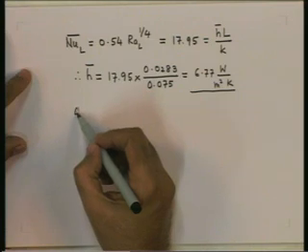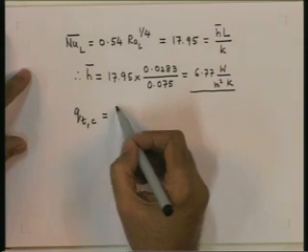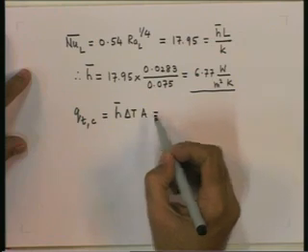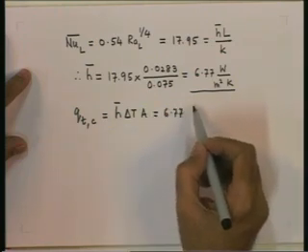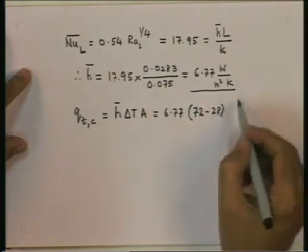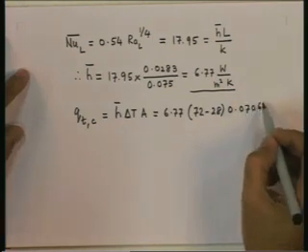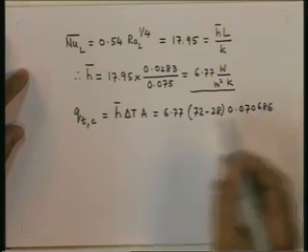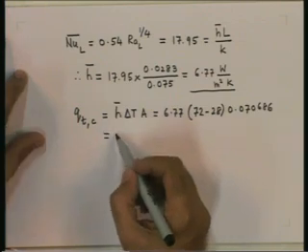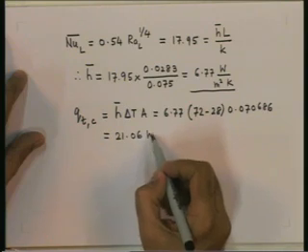And hence our heat loss from the top surface by convection turns out to be h bar into delta T into A, which is 6.77, delta T is 72 minus 28, and area is 0.07066, and this turns out to be 21.06 watt.